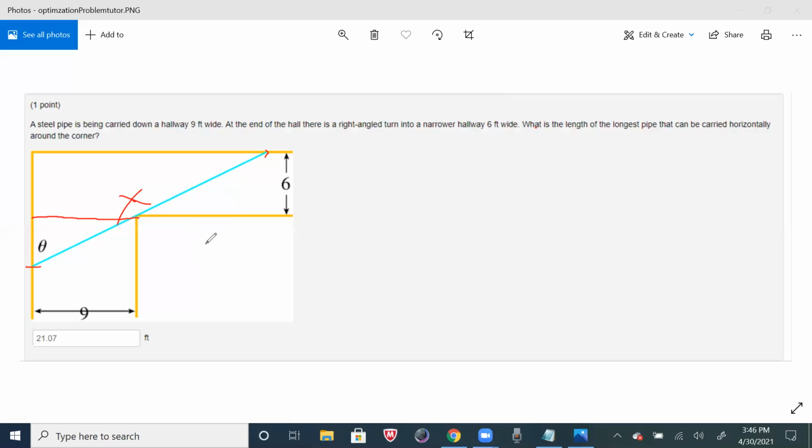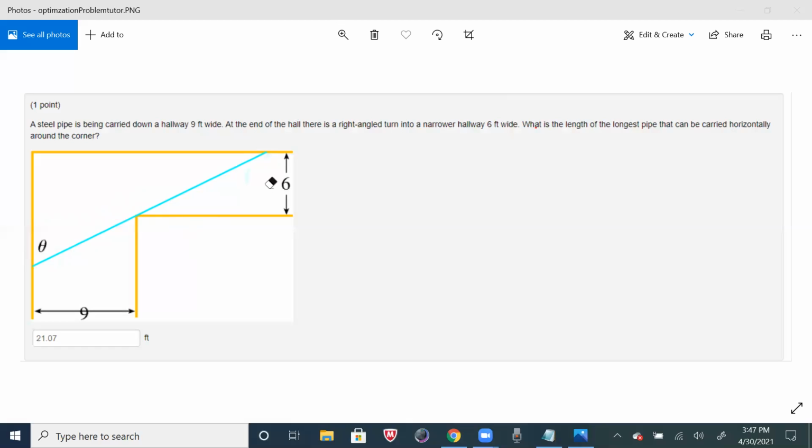Wow. For some reason, my mind is not coming up with a function. Let me think about this for a second. Trying to figure out if I were to redraw this, whether that helps.